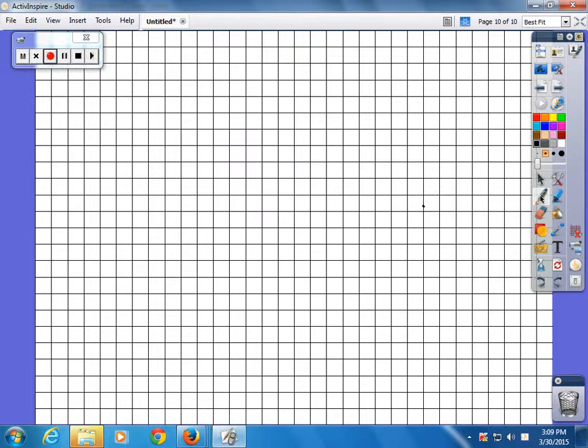I'm going to put a red problem, y is equal to -2x plus 4, and a blue problem, y is equal to 4x plus 7. And I want you to find the solution to that system of equations.